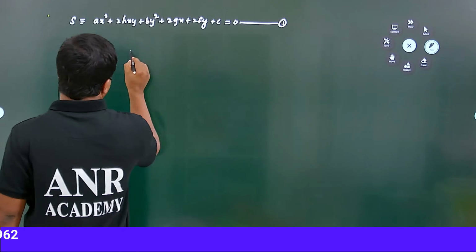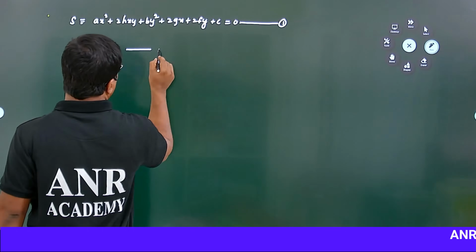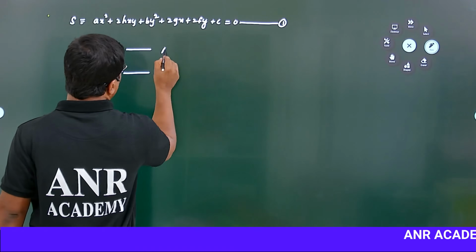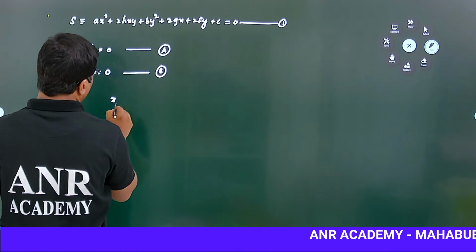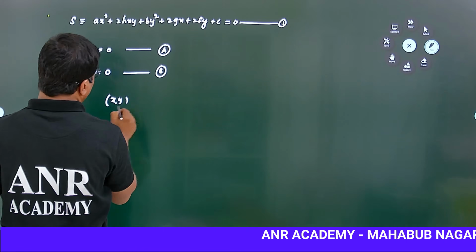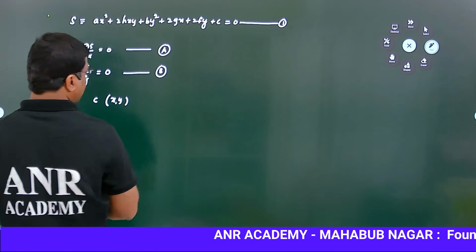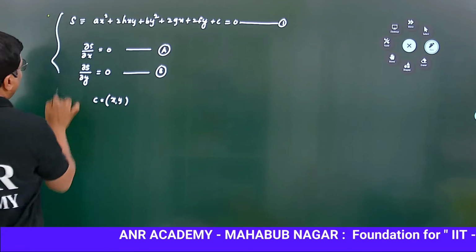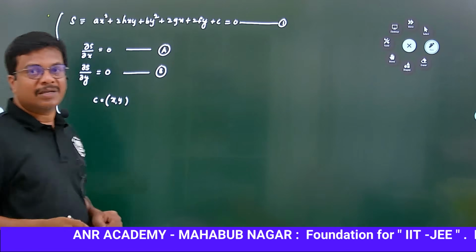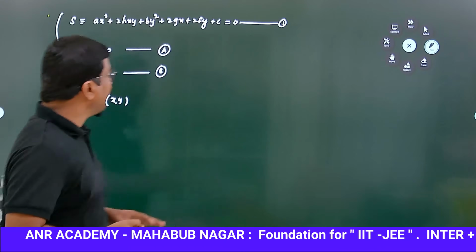Both give linear equations. Solving these two linear equations in x, y, then you will get the center of the conic. Blindly we follow this result. But what is the reason behind this? Let us observe.